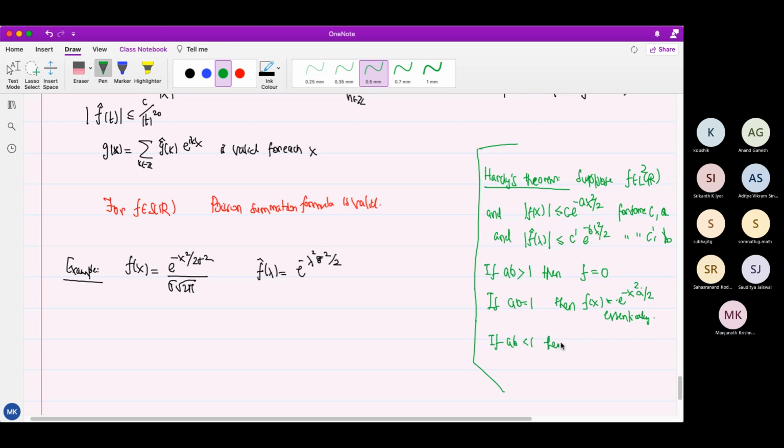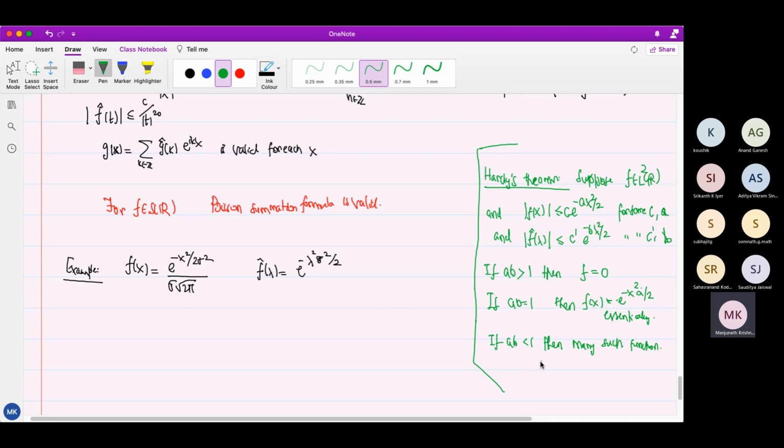Then there are many such functions. What I mean is, you have a leeway here, right? So you can take Gaussians with varying a and b, with still the product being the same. But you are right.